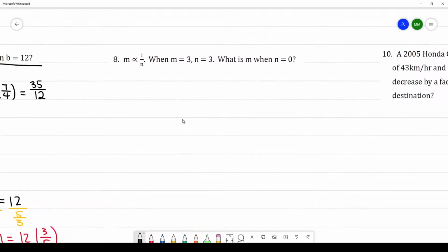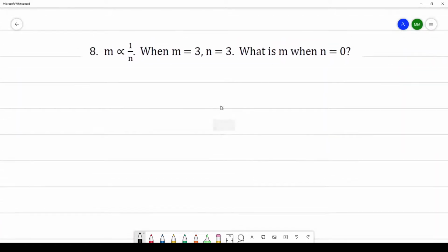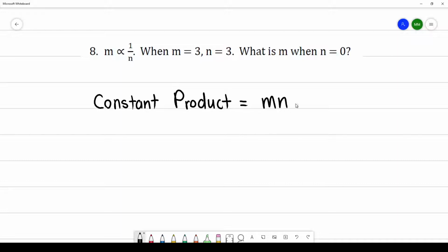And then number 8, oh, this is a different one, tricky. It was a trick question, I'm going to admit it. So again, the constant product is equal to m times n, and that's equal to 3 times 3, so 9.